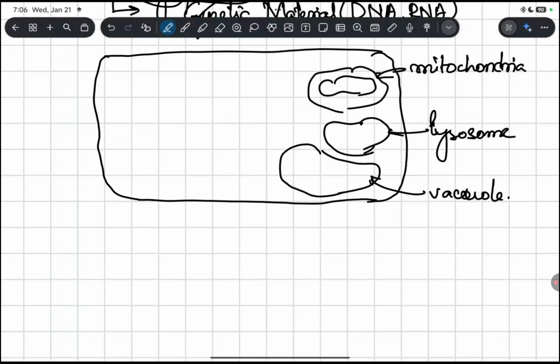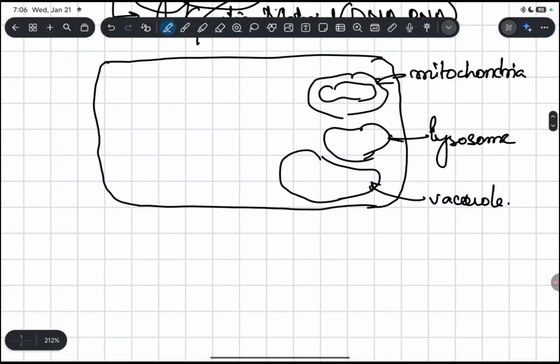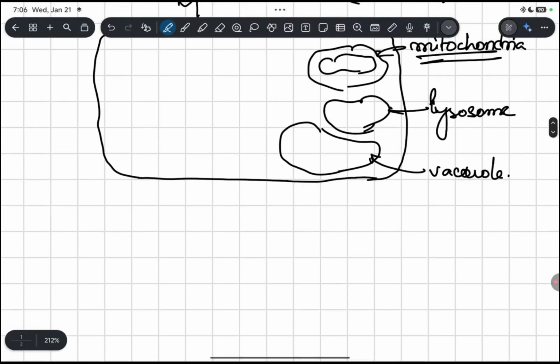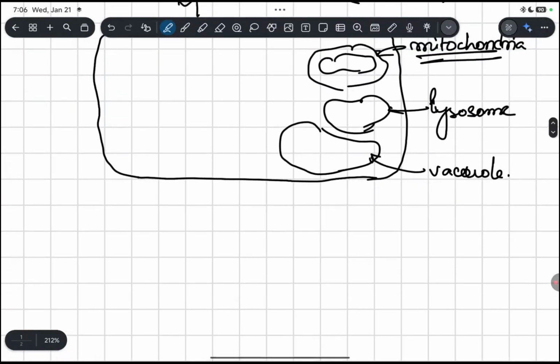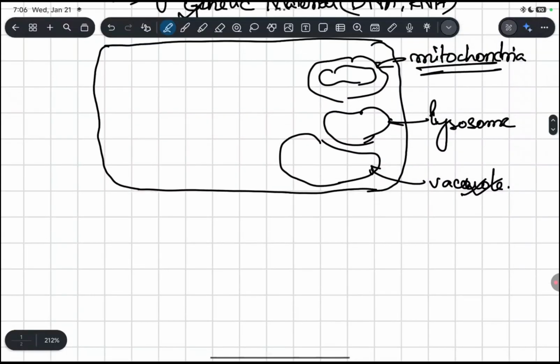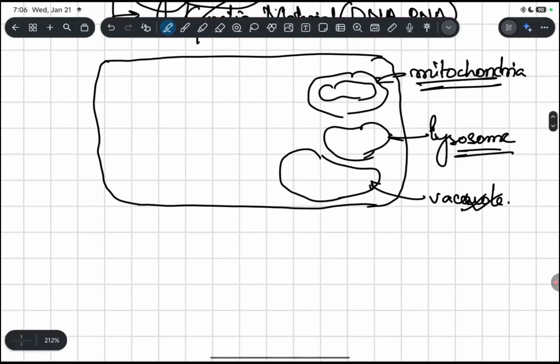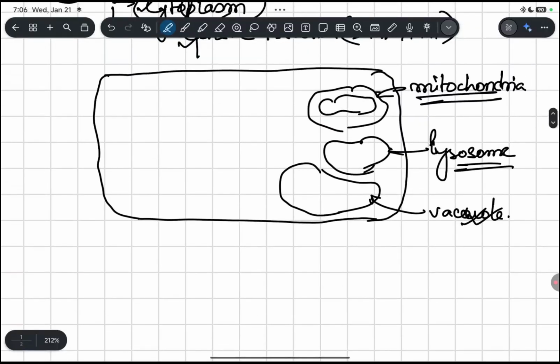And this food is taken by mitochondria to generate energy. That is why mitochondria, as we all know, is called the powerhouse of the cell. And the remaining food is stored, as the vacuole acts as storage. Whatever is left will be stored in the vacuole. So the lysosome helps in digestion, and those digested things go to mitochondria to generate energy, and the vacuole acts as a storage medium.